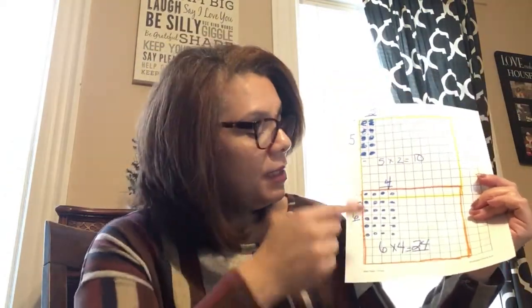You're going to color, just like this one, 4. But on the side, how many are you going to make? 8. And then fill in the rest. Count up your squares. 4 times 8 is equal to 32. Good.